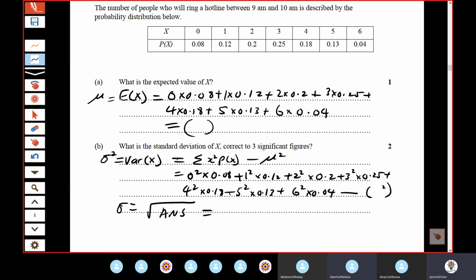I think it's 2.664. Oh wait, no, I put it wrong. 2.88. I'm sure the others are checking as well, just to make sure.